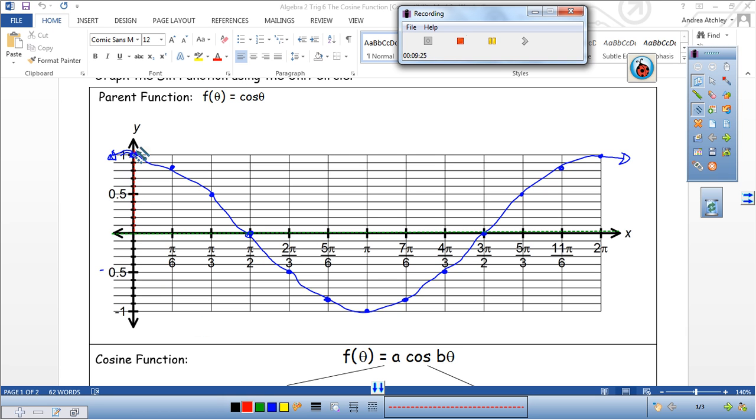From here, it goes up to 1, and here it goes down to -1. Johnny, so what's my amplitude? 1, right? Goes up to 1, it goes down to -1. The amplitude is 1. Any question over that?